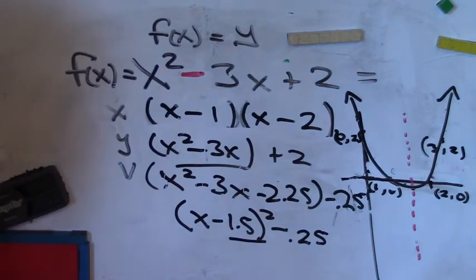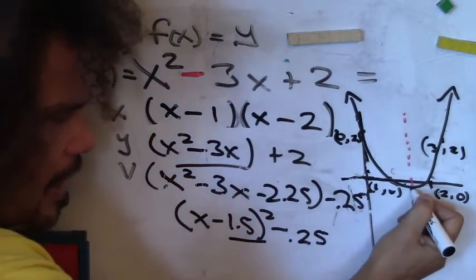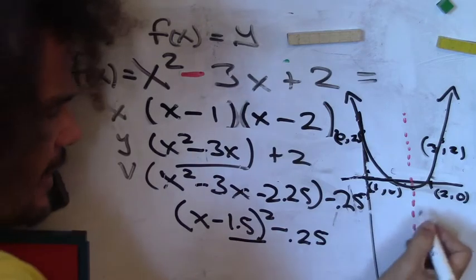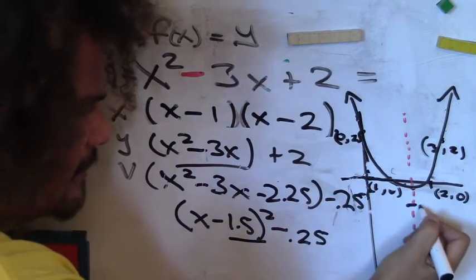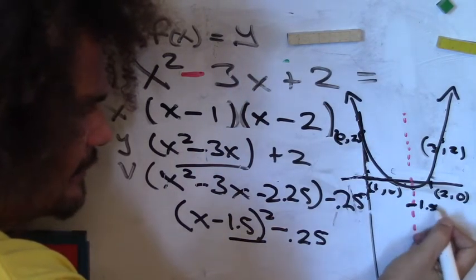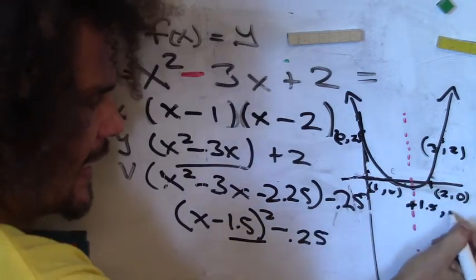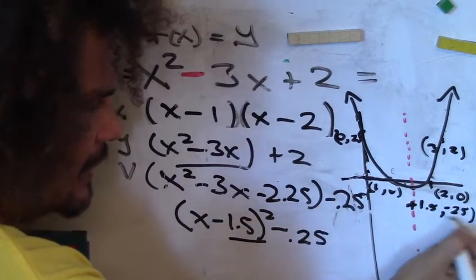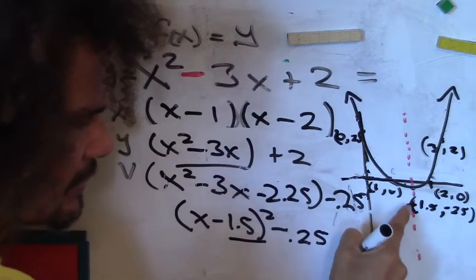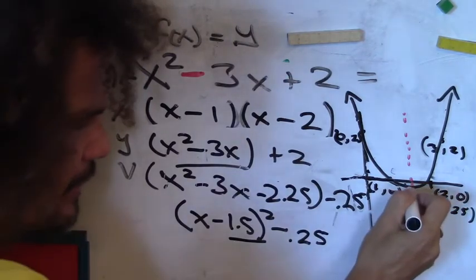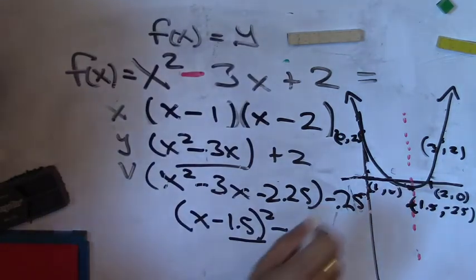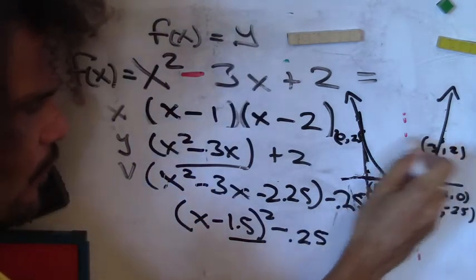Now, here's the point where it's not going up and it's not going down. Right there is positive 1.5 that way, negative 0.25. There you go. And that's this point right here. 1, 2, 3, 4, 5 points.